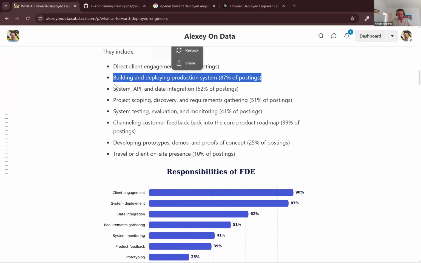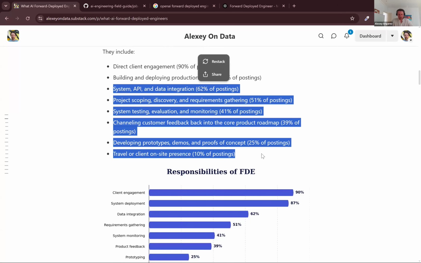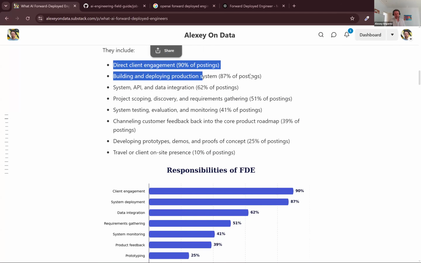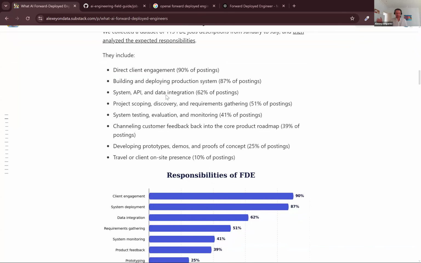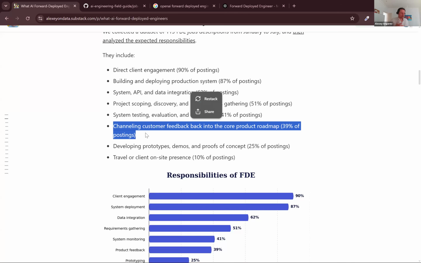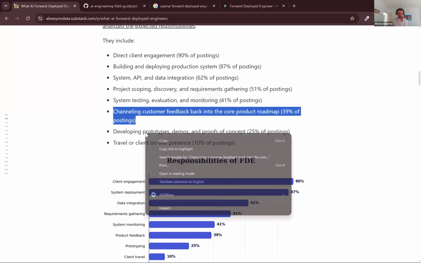For the rest, it's not uniform yet. Some postings don't mention that. But if you want to describe an FDE in a sentence, it would be direct customer engagement and building and deploying production systems with the customer. The rest is mentioned less, but from what I see in the data, there is some definition that the industry is converging to.